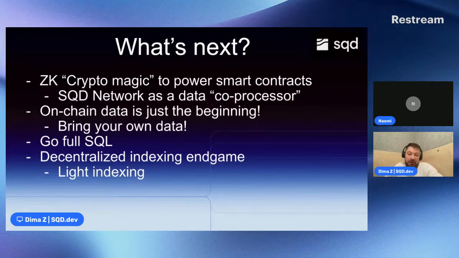And finally, with solving the data access problem, we want to move one step further into the stack and introduce what we call the decentralized indexing endgame, so that you have serverless indexing and you just have the data provider, which is the SQD network, and a small lightweight indexer directly embedded into the web page or in a mobile application.